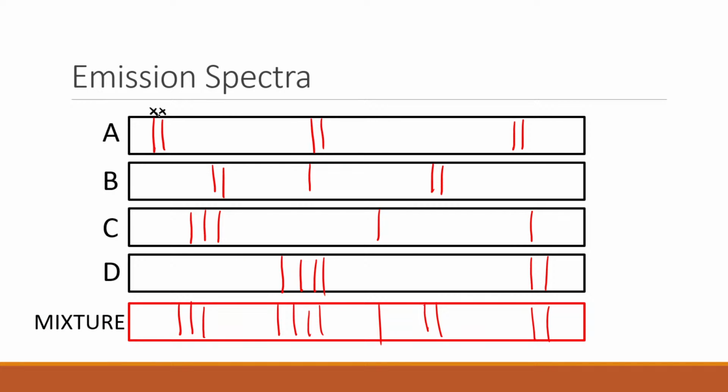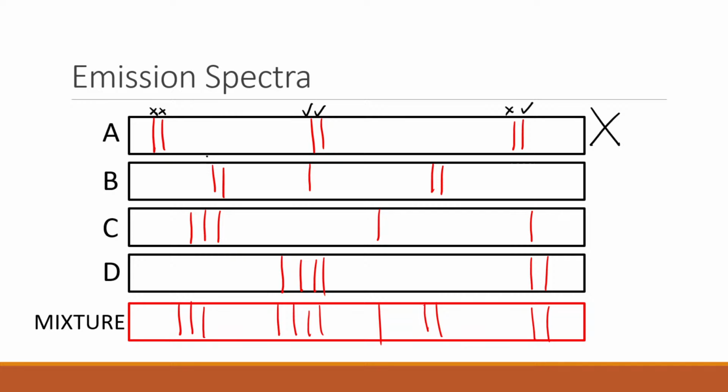This set of lines is not in my mixture. So A is not in my mixture, even though some of those lines are. It's all or nothing. So because A does not have some of these lines showing up in the mixture, A is not part of the mixture.